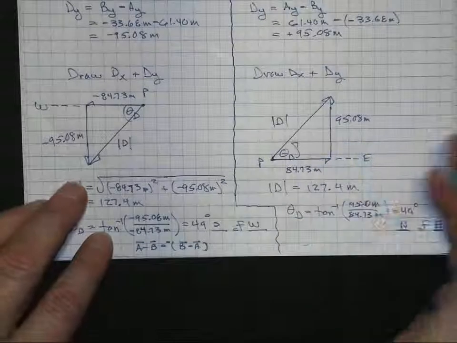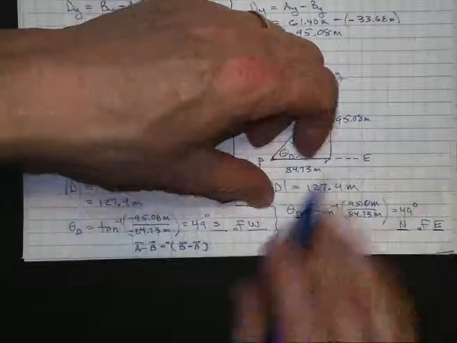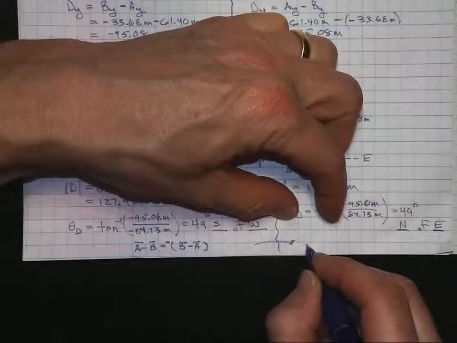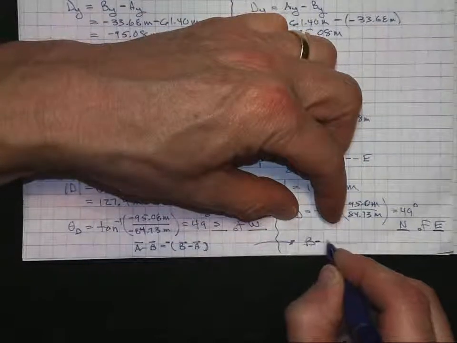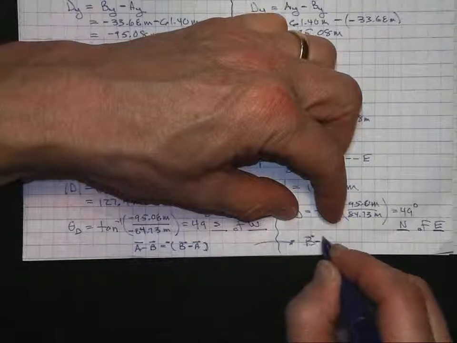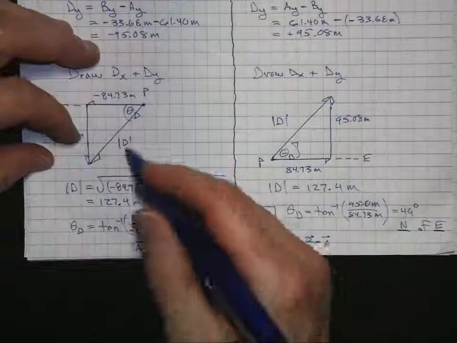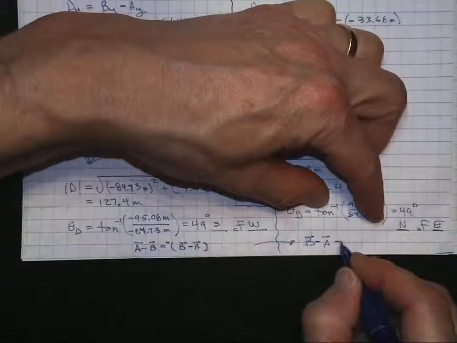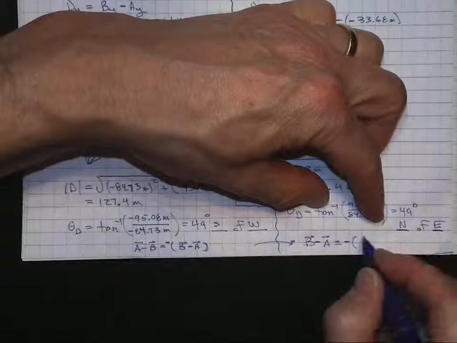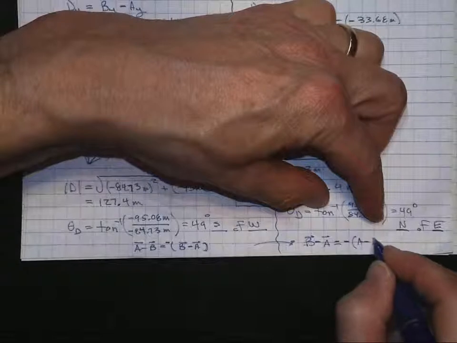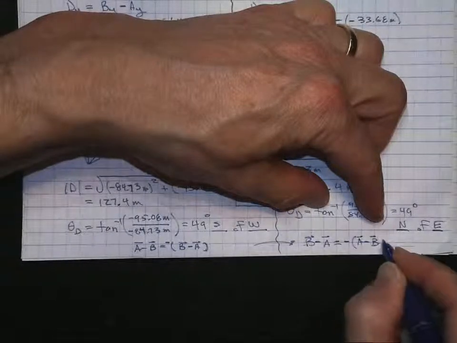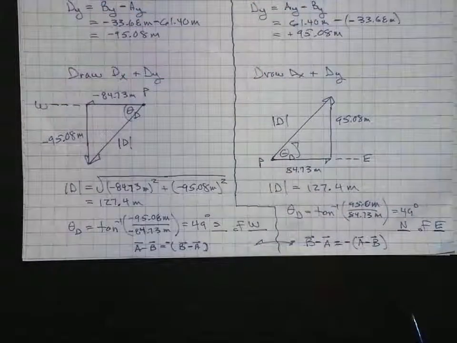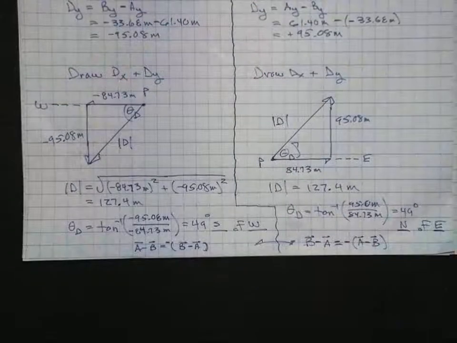It's the same magnitude, opposite direction. And I think you would also see that this is also true, that vector B minus vector A, which was what we got in quadrant 3, is equal to the negative of vector A minus vector B. So it works out that vector subtraction is not commutative, it just gives you the opposite answer with the method of components.